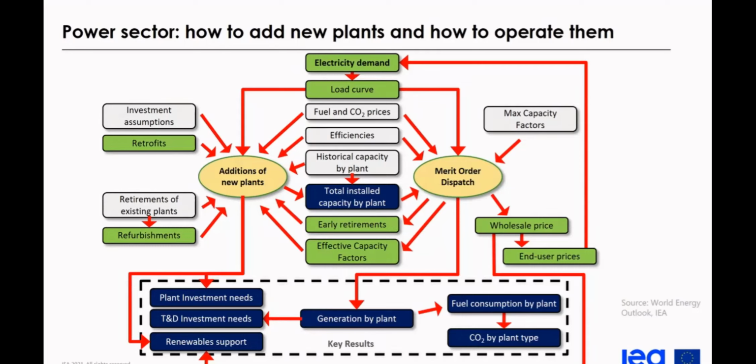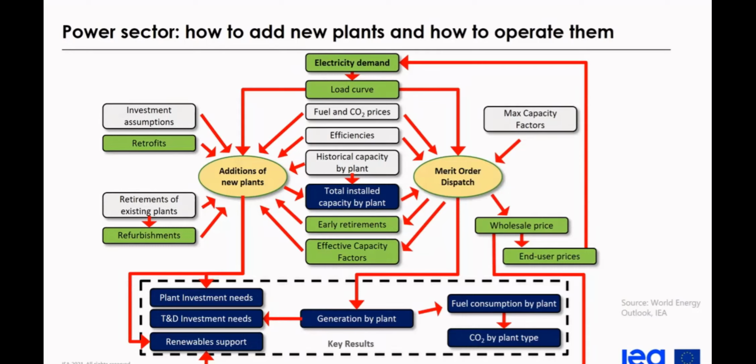And the second key question we need to ask is what will be the merit order dispatch? So, in other words, how will we be able to meet energy demand at each second and have a match between electricity demand and electricity supply by operating the right plants in a power mix where we would have solar PV producing during the day and base load power plants that would also be available in the day, but also at the peak of the demand in the night.